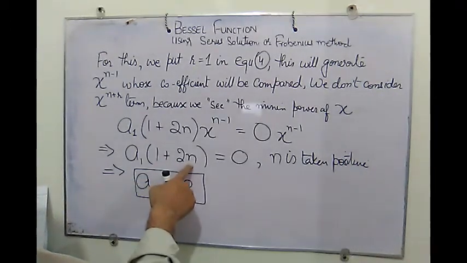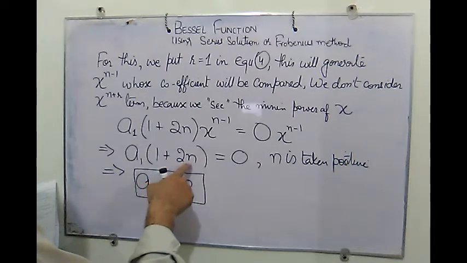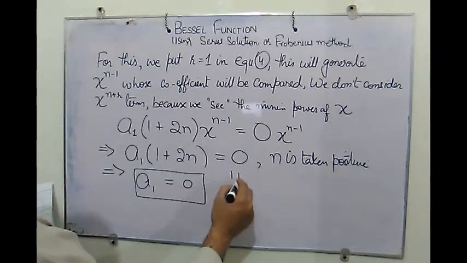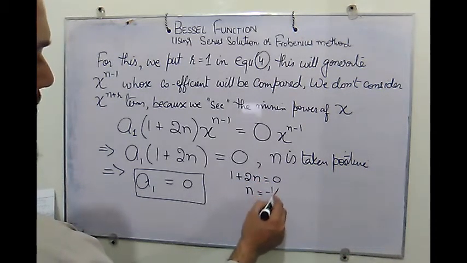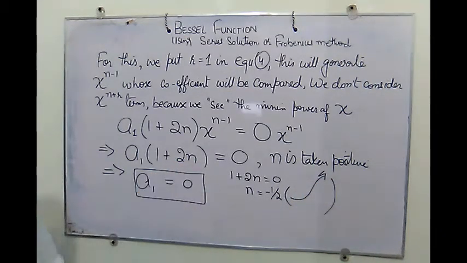If we take the bracket term 0, then 1 plus 2n is equal to 0 will give us n is equal to minus 1 by 2. However, we have taken it as positive. So a1 would be 0.